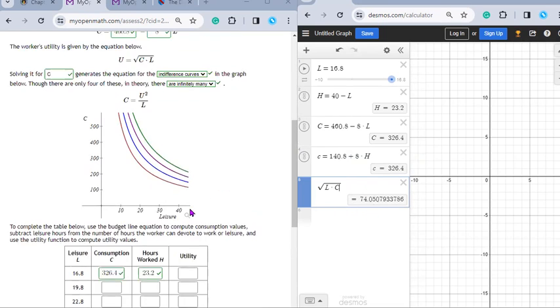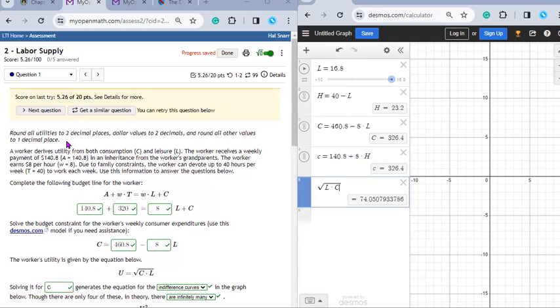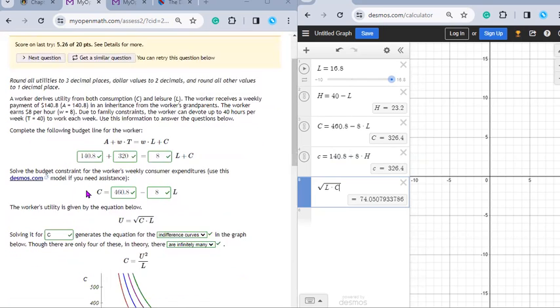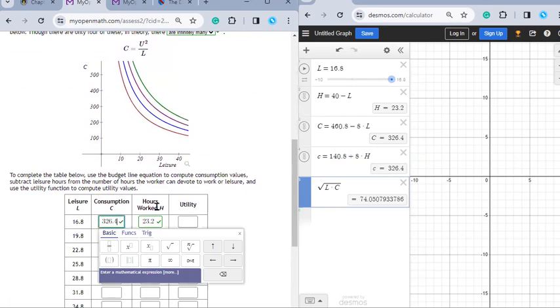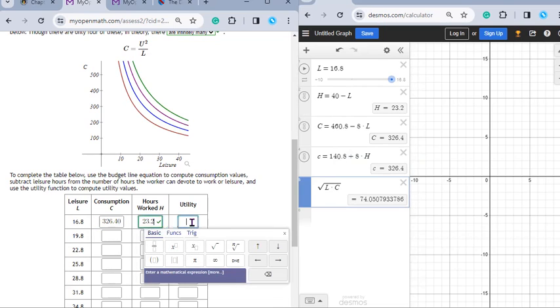So I need to round utilities to 3 decimal places, dollar values to 2 decimal places, and everything else to 1 decimal place. So this is 40, that's 1 decimal place, and this will be 3 decimal places. So 74.051. I say 051 because that's a 7, which makes that a 1 if I round to 3 decimal places, right?